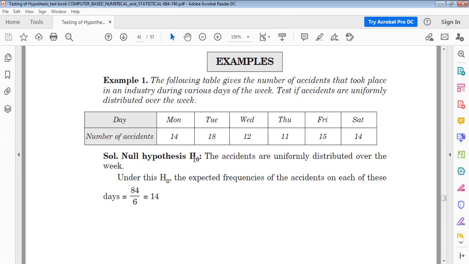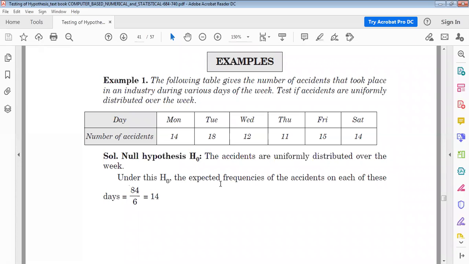So H naught is the null hypothesis. Under this null hypothesis, what is the expected frequency of accidents on each of these days? How many days are there here actually? 6 days; one day will be closed. The total number of accidents after addition is 84.